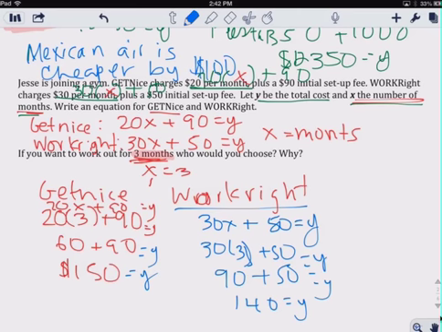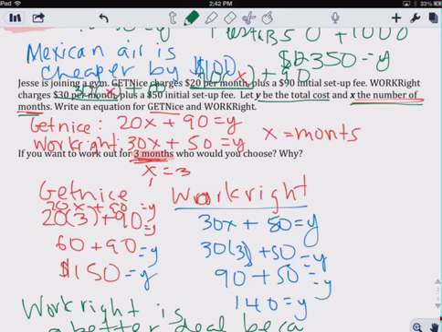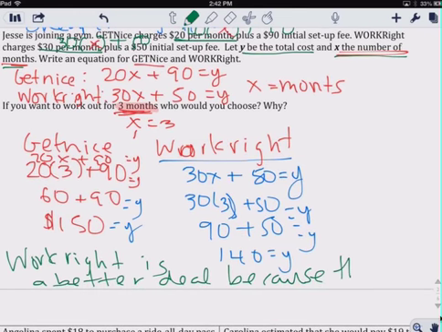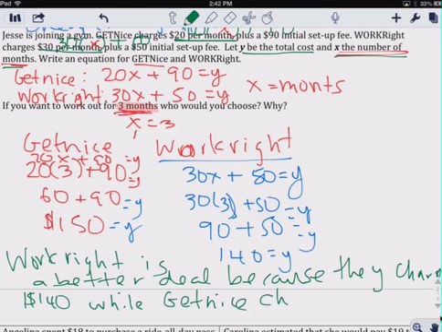Okay, so Workrite is a better deal because they charge $140 while Get Nice charges $150.